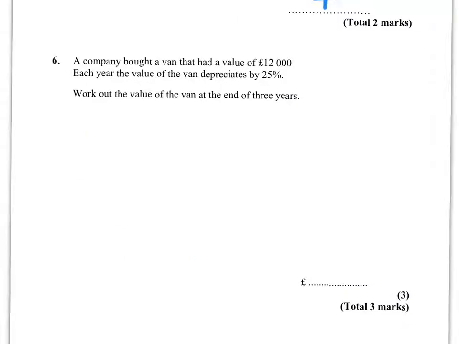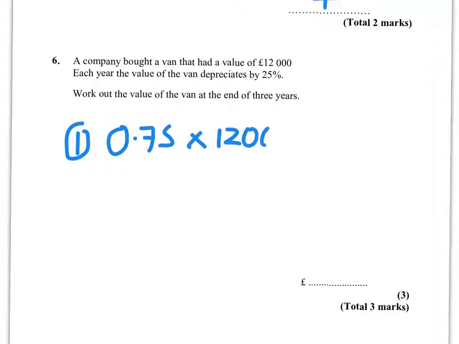This one I'm going to do year by year. So at the end of the first year, we've lost 25%, so we want 75%, which is 0.75 of 12,000, and that is £9,000.